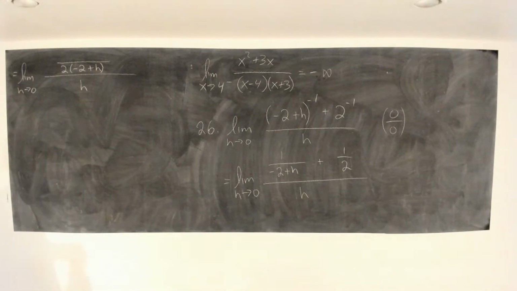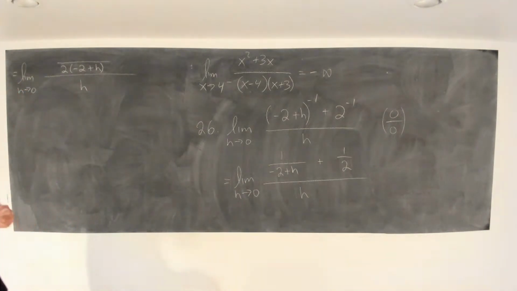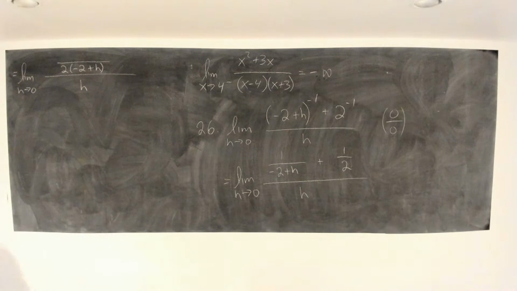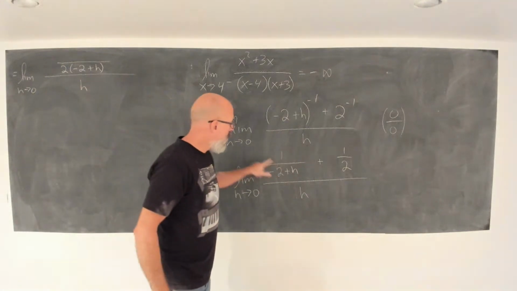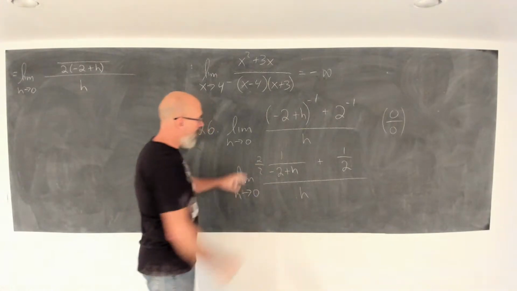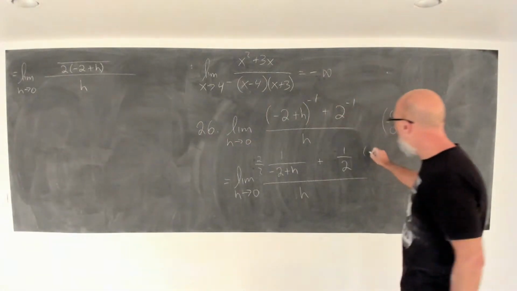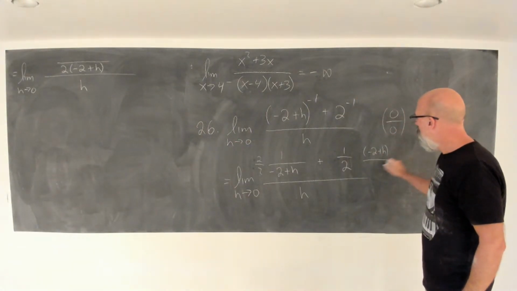What does the numerator become? So this one, I have to multiply by 2 over 2. If I multiply by 2 over 2, I multiply by 1, I'm not changing anything. And this one, I'm going to multiply by minus 2 plus h over itself.